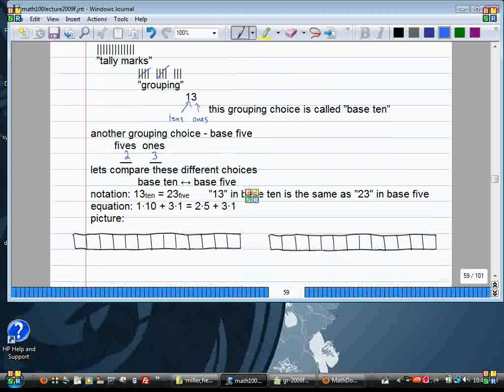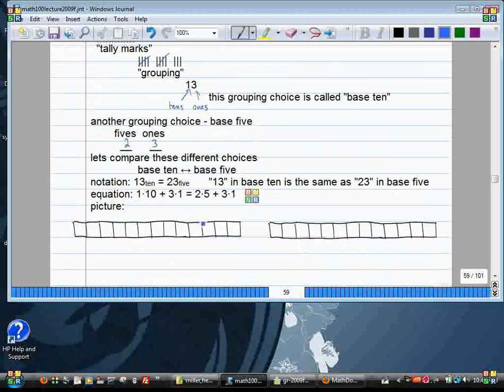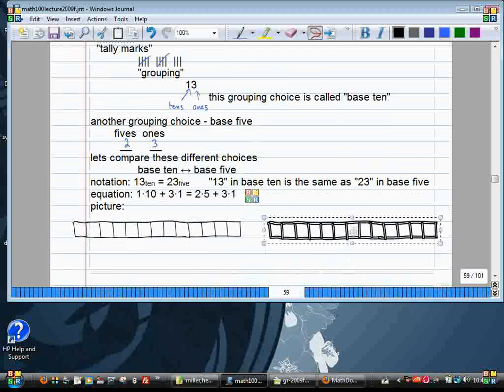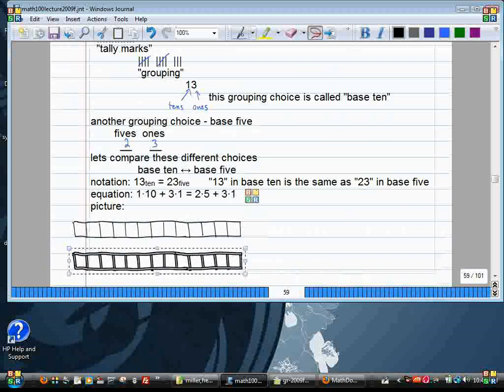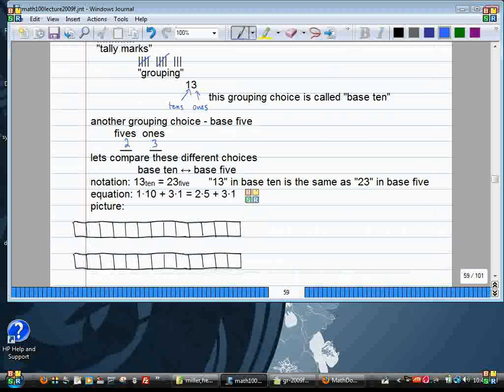Actually, I think I'm going to put this underneath so you can see that what you've got is exactly the same thing. Right. So you can see that you've got the same amount here. So the difference is the grouping.